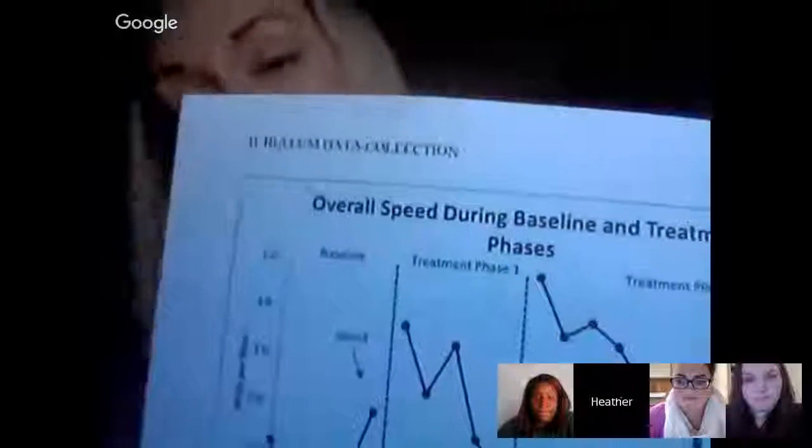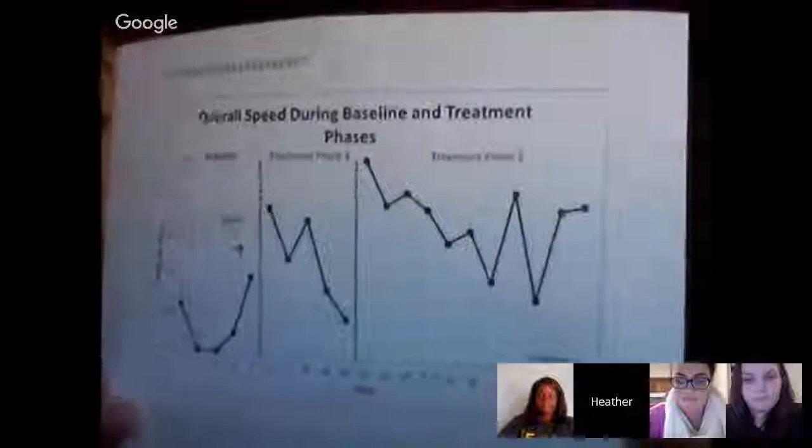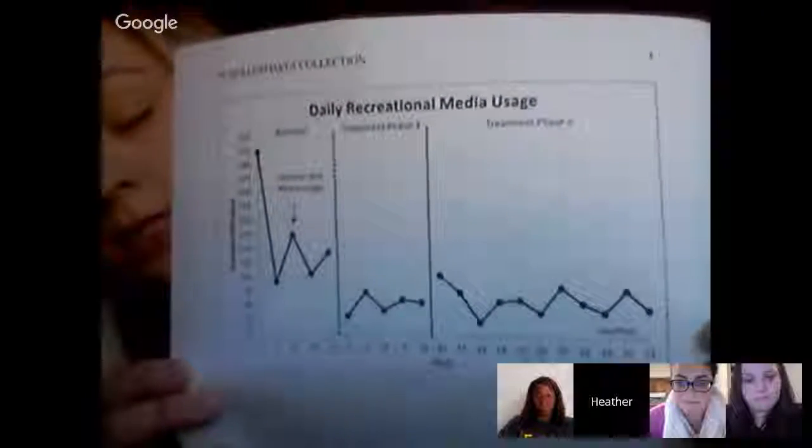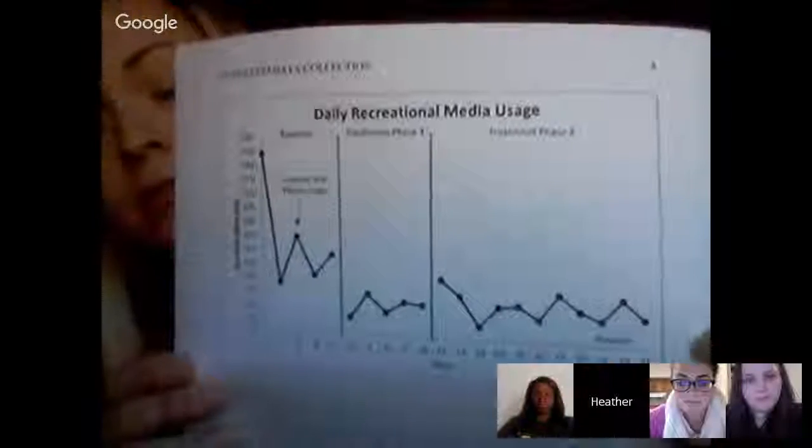So here is my speed graph. And then my daily recreational media use. So there's a huge decrease there. Okay, and I will give it over to Lloydia.